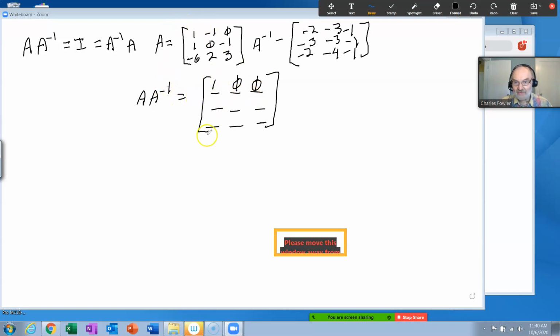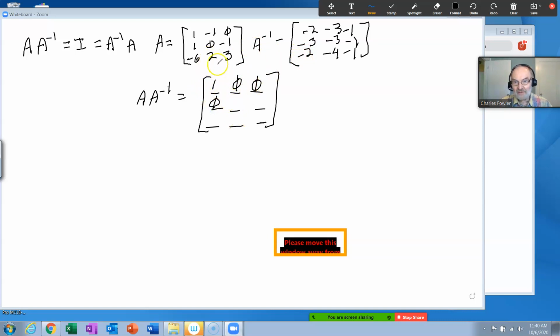The 2, 1 entry, second row, first column. 1 times negative 2 is negative 2, plus 0, and then plus 2 is 0. Perfect.